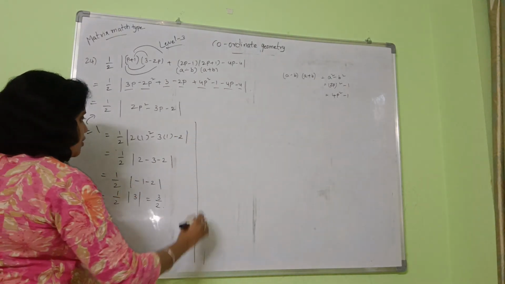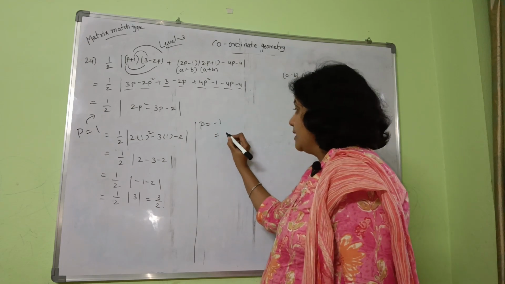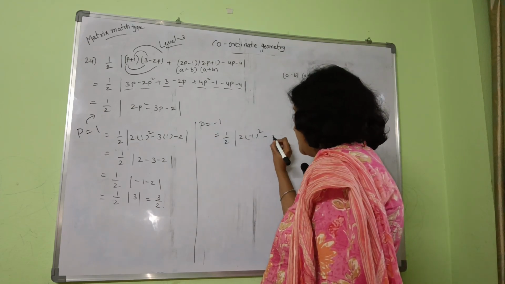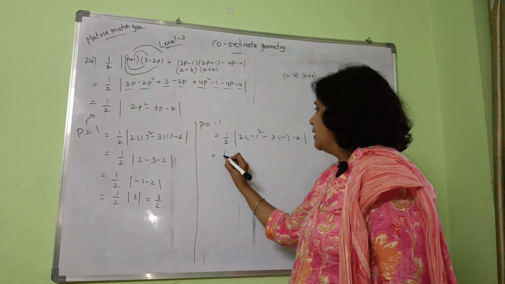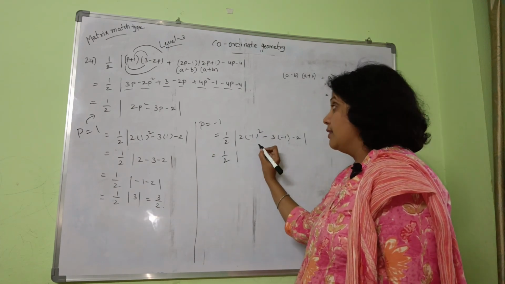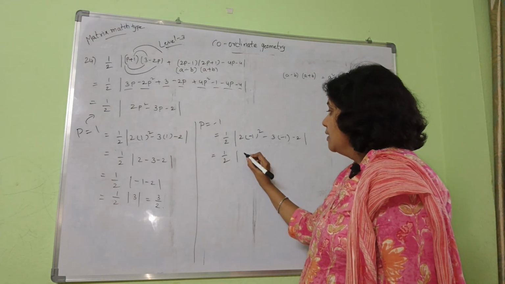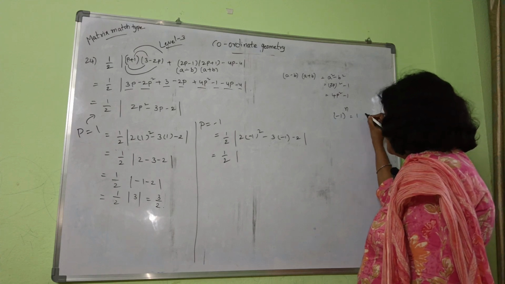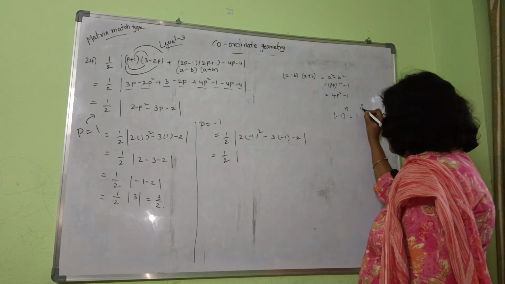For this expression, let's solve for p is equal to minus 1. That is equal to 1 by 2 into 2 of minus 1 whole square minus 3 into minus 1 minus 2. Okay, when the power is even, so 2 is an even power, then the negative will become positive. Minus 1 whole power n: if n is even, it is 1.